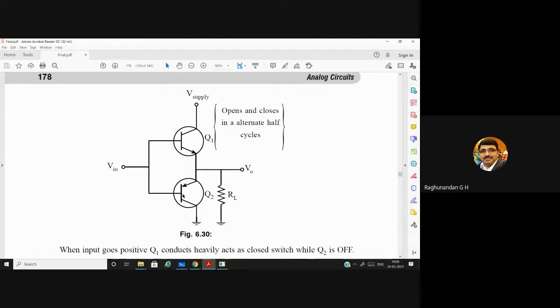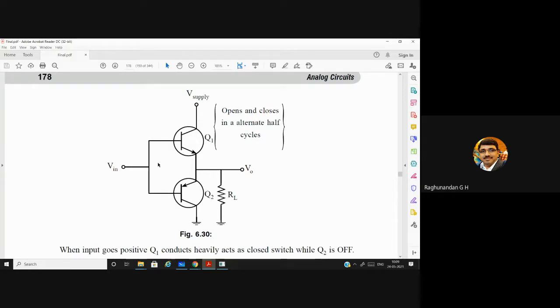When the other enters the saturation region, the first enters the cutoff region. Because of this opening and closing of the transistors in alternate cycles, we will get a complete wave. In the saturation region the voltage is almost negligible, but the current will be maximum.